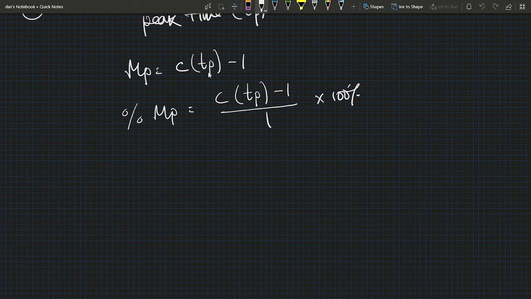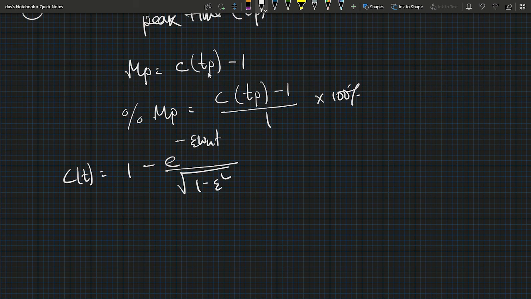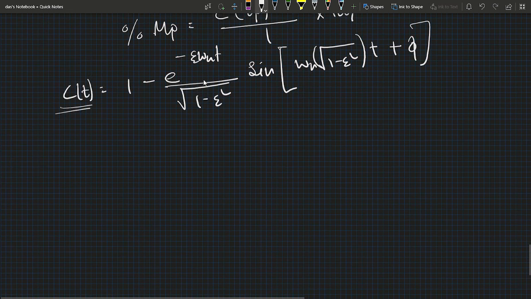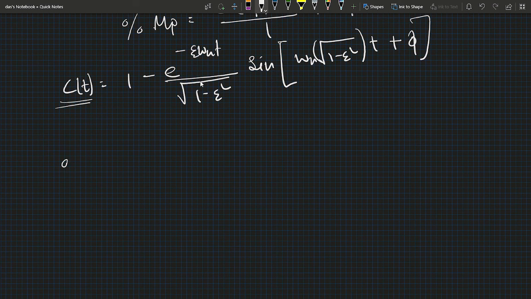So now our expression, we already know, is c(t) equals 1 minus e to the power minus zeta omega n t divided by root 1 minus zeta square, sine of omega n root 1 minus zeta square into t plus phi. First of all, we take the derivative of this, because for the maximum value determination we take the derivative, that is dc(t)/dt equals 0.